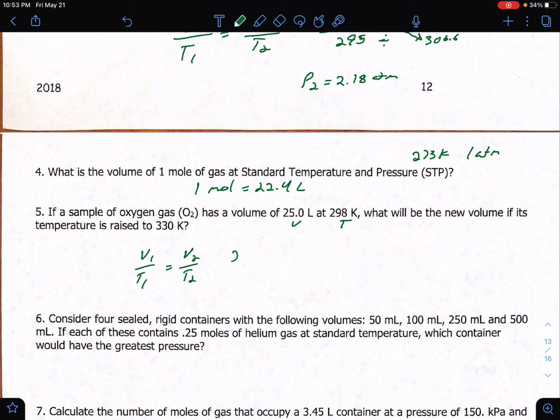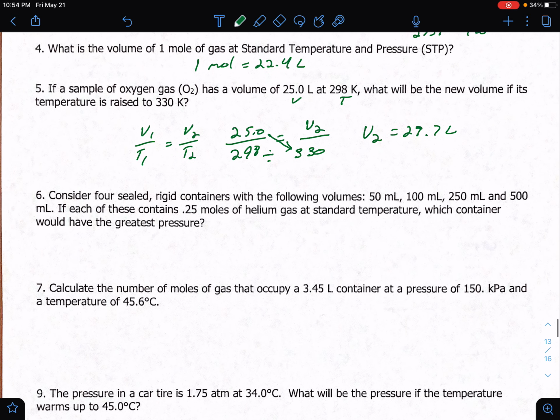So volume 1, 25.0 over T1. It's already in Kelvin, so just put 298. I don't know V2, and T2 is 330. This is where you just simply cross multiply and then divide. So 25.0 times 330 divided by 298, and that comes out to a volume 2 of 27.7 liters.